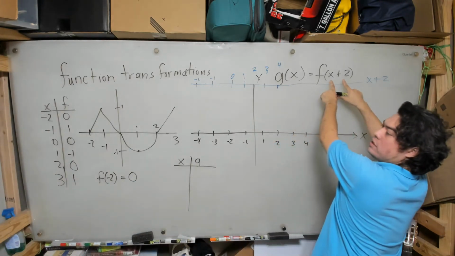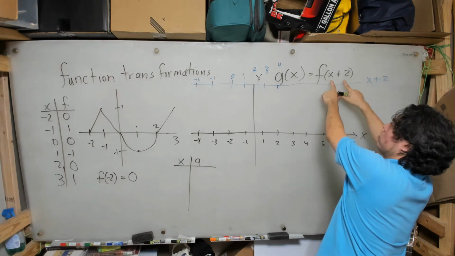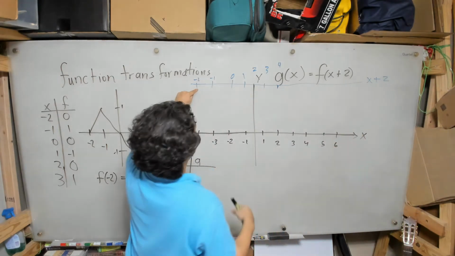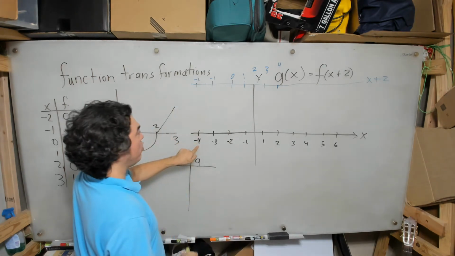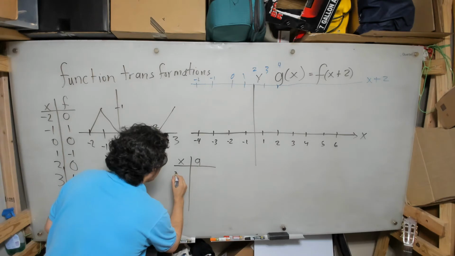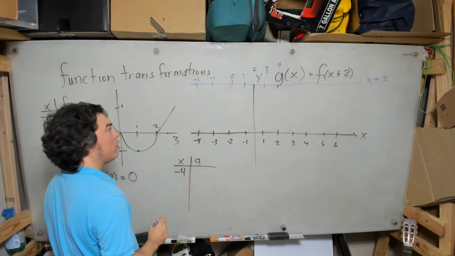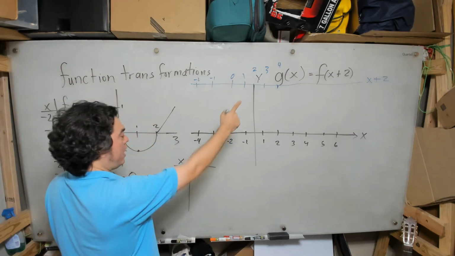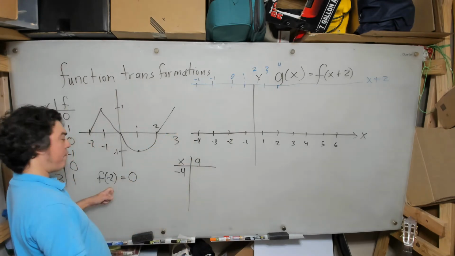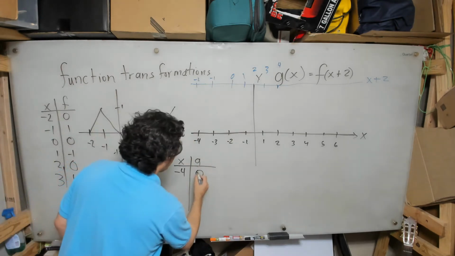If I want the input to f to equal -2, then I already know from my x plus 2 chart that that occurs here, which corresponds to the x for g of -4. So if x is -4, then g of -4 will be the same as f of -2, which will be 0.